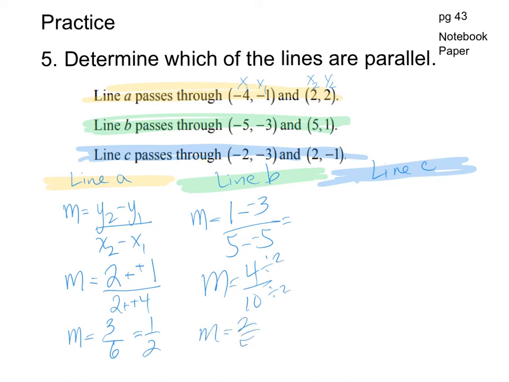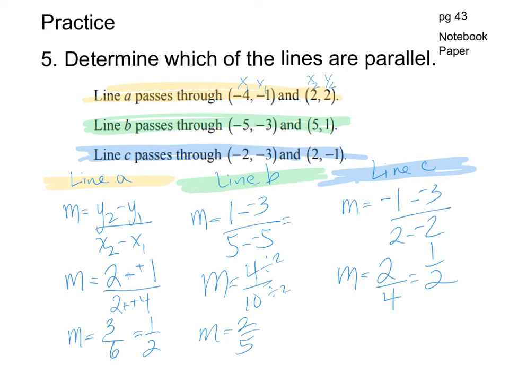So m equals 2/5. For the next ordered pairs, my slope is going to be negative 1 minus negative 3 divided by 2 minus negative 2. Negative 1 minus negative 3 is positive 2. 2 minus negative 2 is positive 4. And that leaves a slope of 1/2.